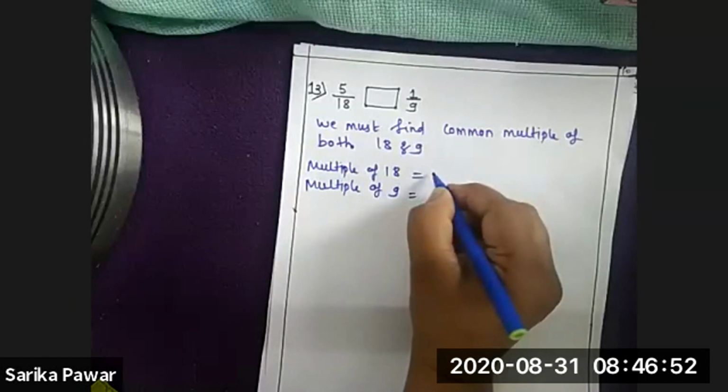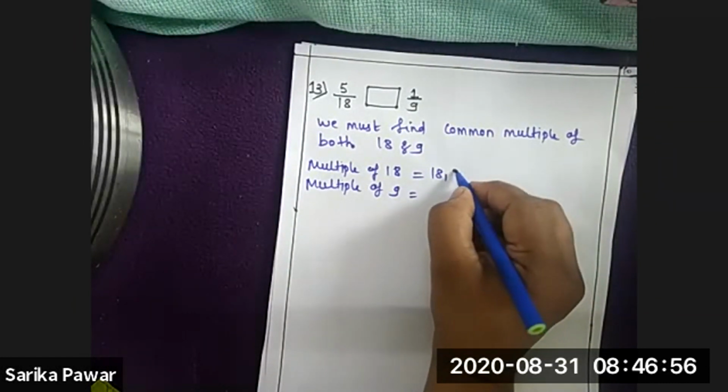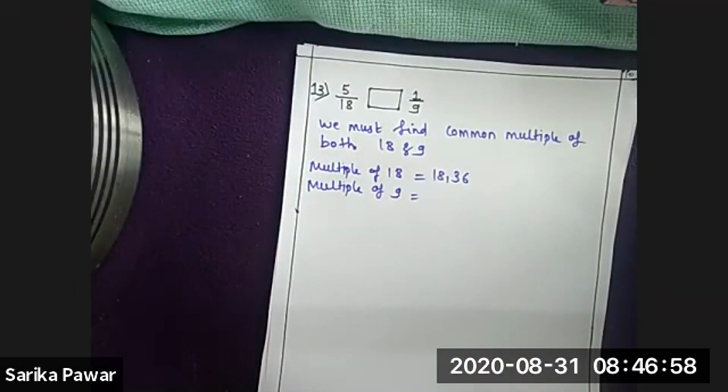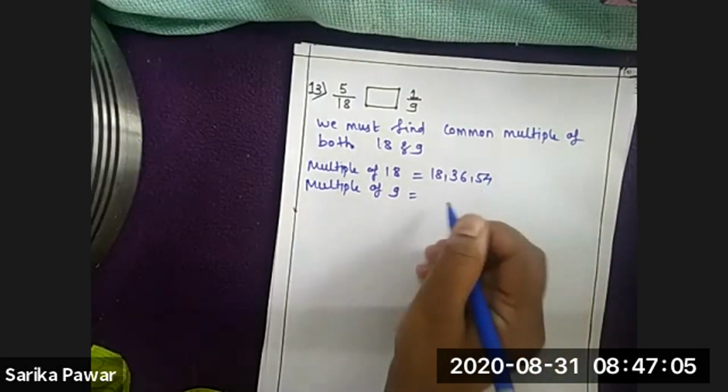18 ones are 18. Say the table of 18. 18 twos are 36. 18 threes are 54, right?